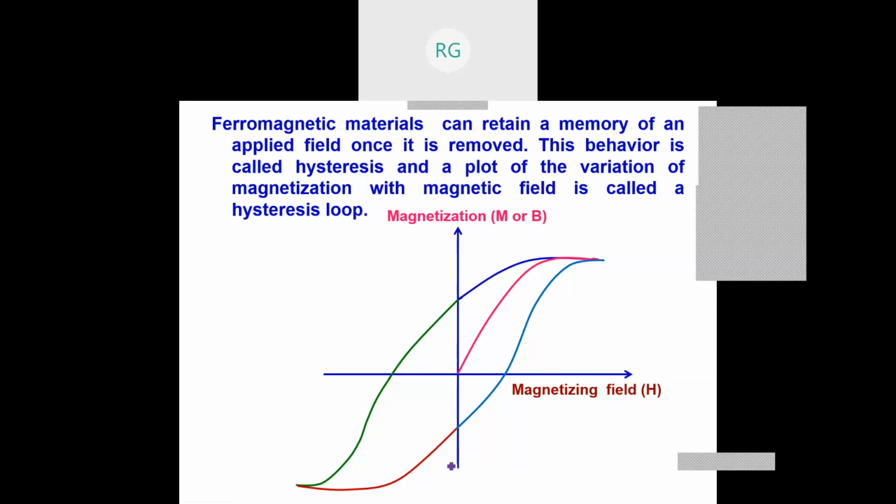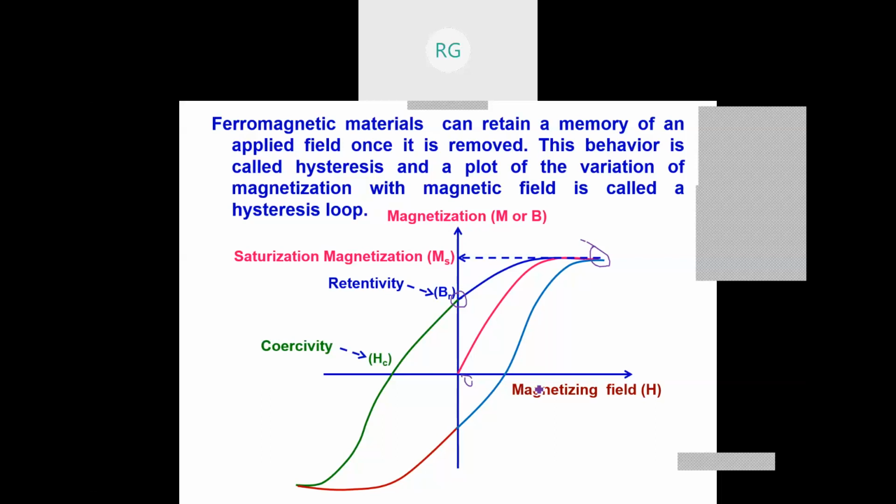Now look at this point. This is called saturation magnetization. This is saturated. And this is called retentivity or residual magnetism. This residual magnetism is the magnetic field remaining in the magnetized sample even when the external field is made zero.